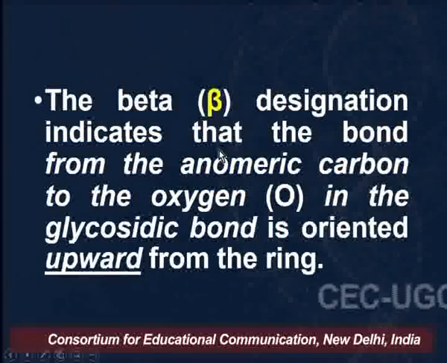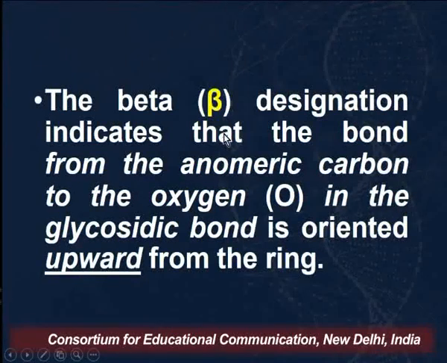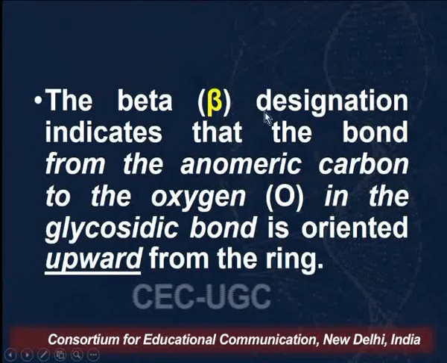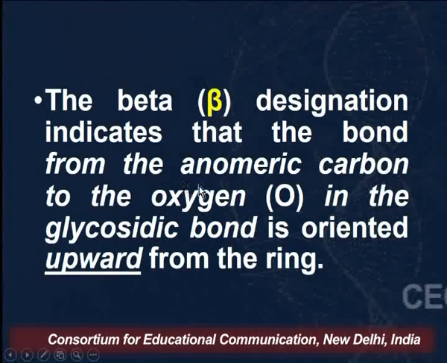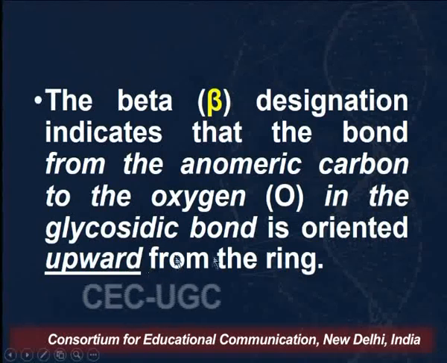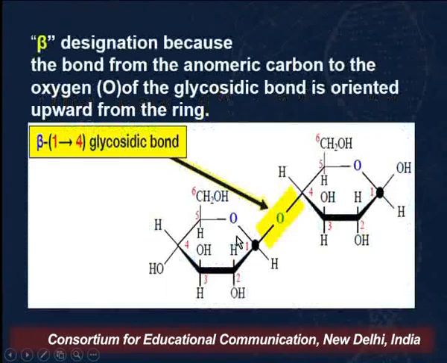Now, what does the beta designation indicate? The beta designation indicates that the bond from the anomeric carbon to the oxygen in the glycosidic bond is directed upward from the ring. When you look at this bond here, we find that this bond from C to O in the glycosidic bond is pointing upward towards oxygen.